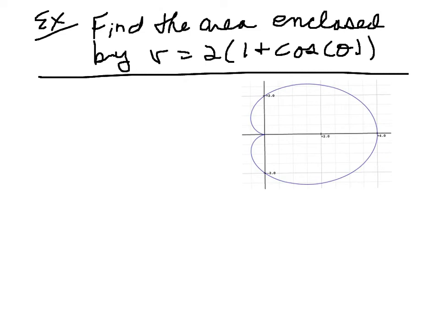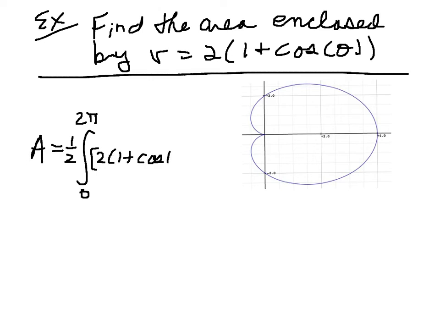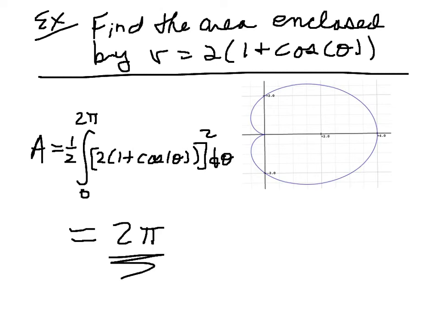And so, therefore, the area of this is going to equal 1/2 times the integral from 0 to 2 pi of r, which is this, squared. And if you perform the operations and do some integration tricks, this is going to come out to be 6 pi. And certainly you could use a CAS tool here to get that integral.